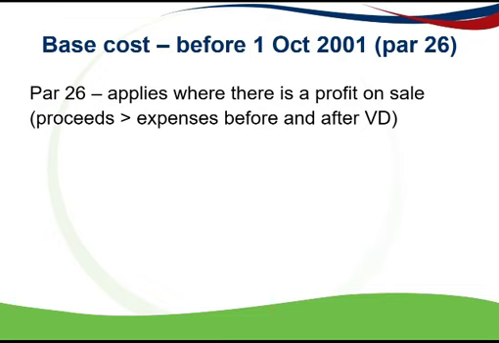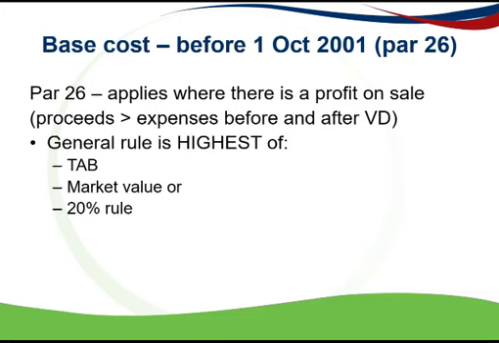And the valuation date just refers to the 1st of October 2001. So our valuation date value of that asset will be the highest of the time apportioned base cost, which you'll be given, the market value of that asset, which you'll also be given, or using the 20% rule. You'll take the highest of those three to use as the valuation date value of the asset.